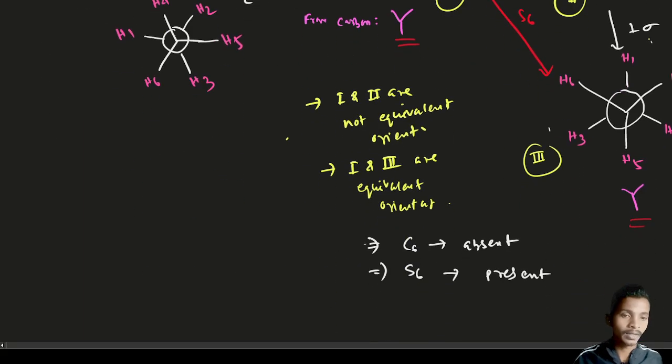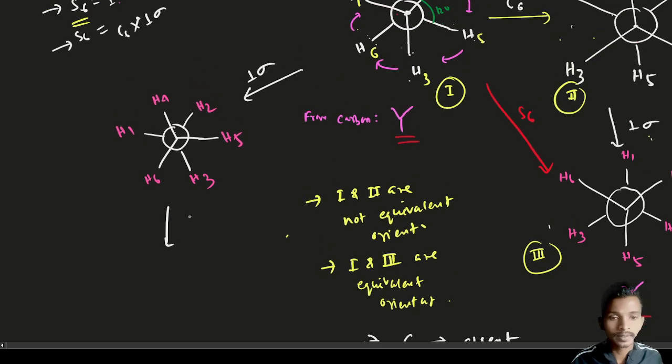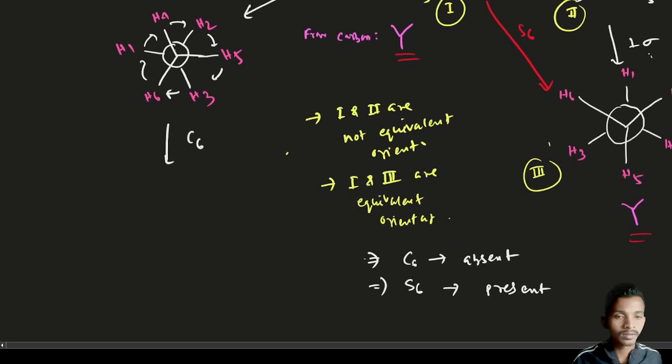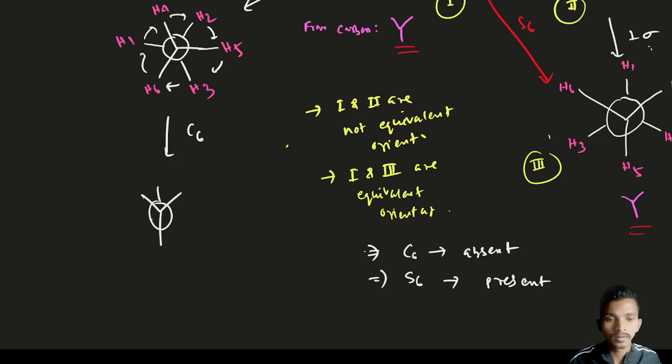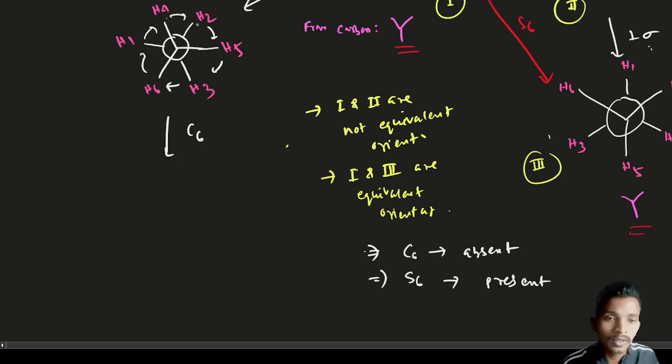Okay, now I will apply C6, because it is sigma followed by C6. C6 means I will rotate everything by 60 degrees. So what I get is that rotations I have to do. See, this H4 will go here.